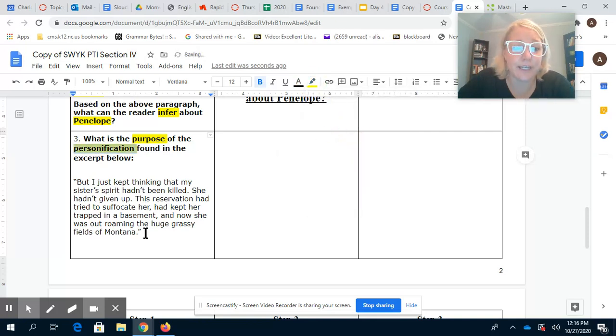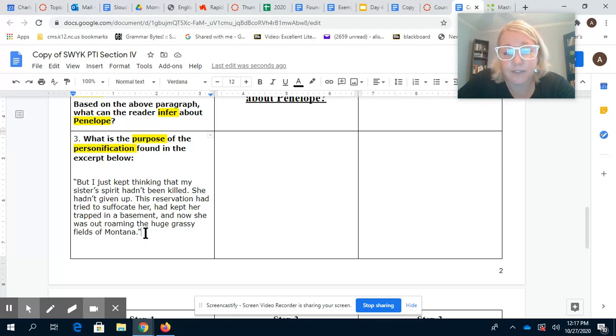Now, as a good reader, I need to read this quote and I need to be able to identify, pick out where that personification is. And the quote says, but I just kept thinking that my sister's spirit hadn't been killed. She hadn't given up. This reservation had tried to suffocate her, had kept her trapped in a basement, and now she was out roaming the huge grassy fields of Montana.